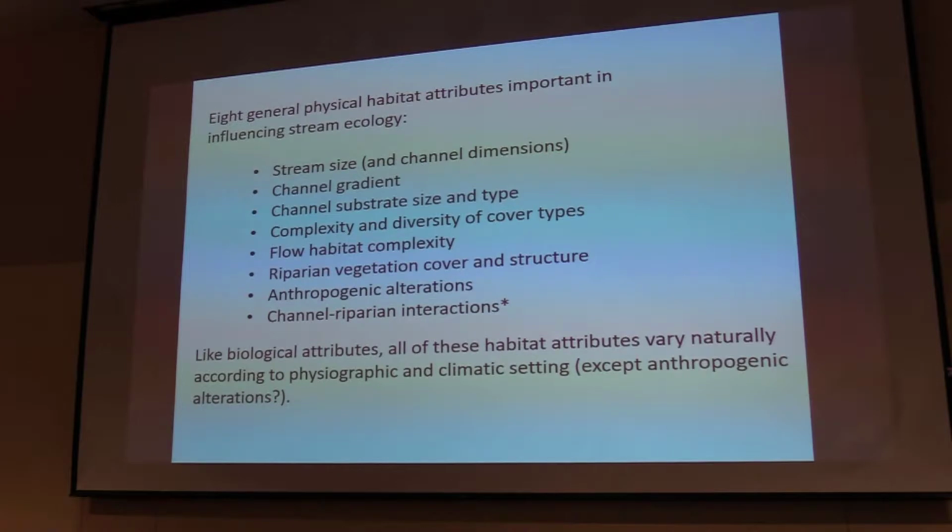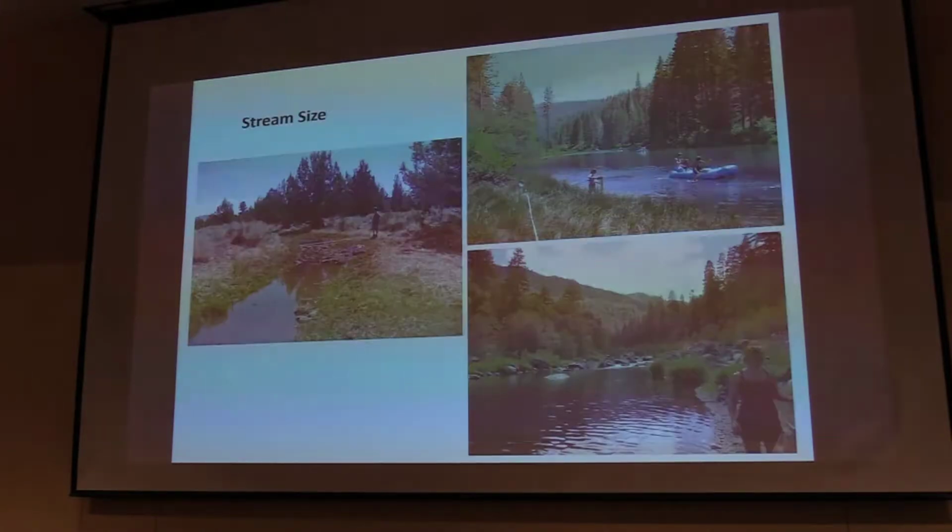So to visually drive home that point about natural variability, and because we as a lab have a vast wealth of underutilized field photos, I hope you guys will indulge me for a couple of minutes while I just run through each of these elements in turn.